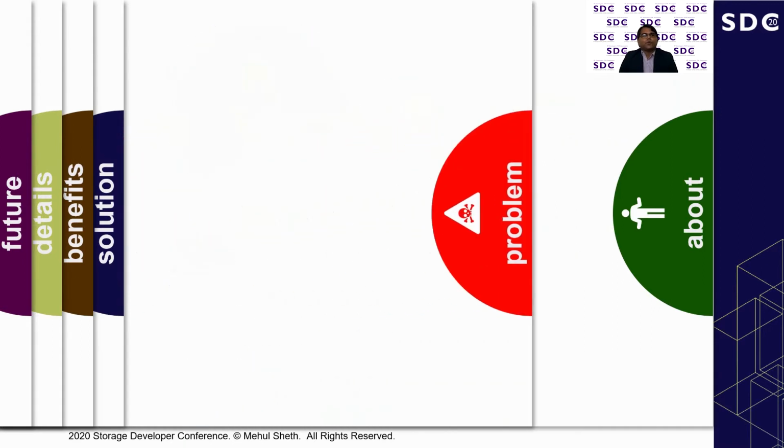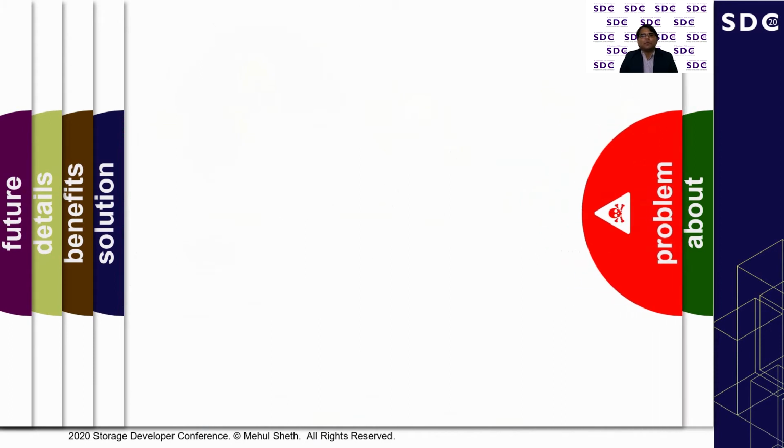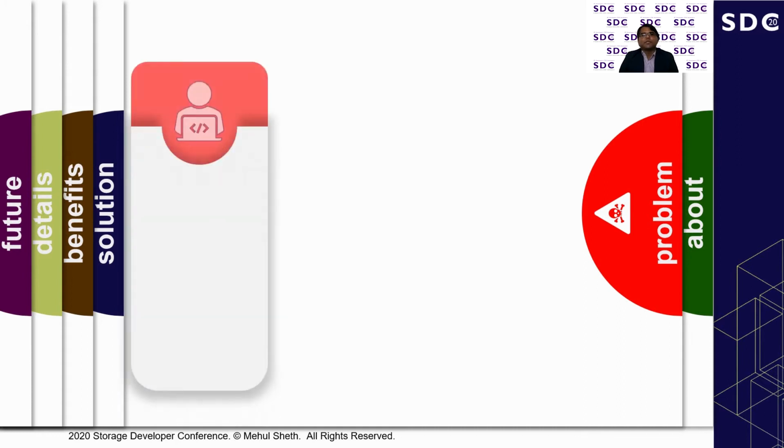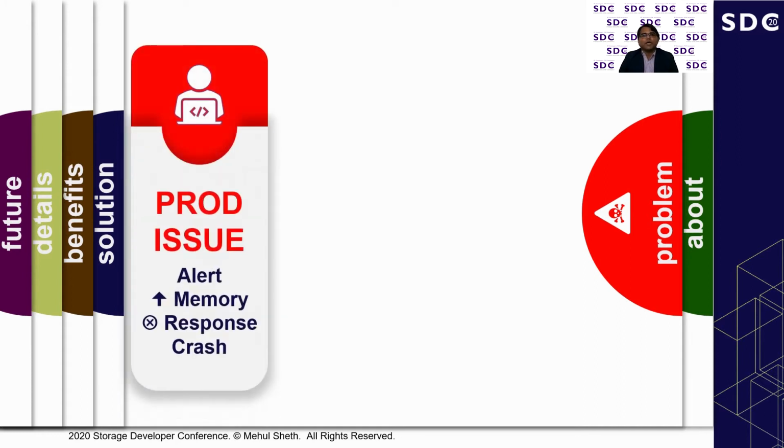I'll tell you a story of a typical problem and what happens before the root cause analysis is completed. One day at 2 a.m., someone from the production support is about to take a sweet nap while looking at a screen when an alert pops up. There is increase in memory.